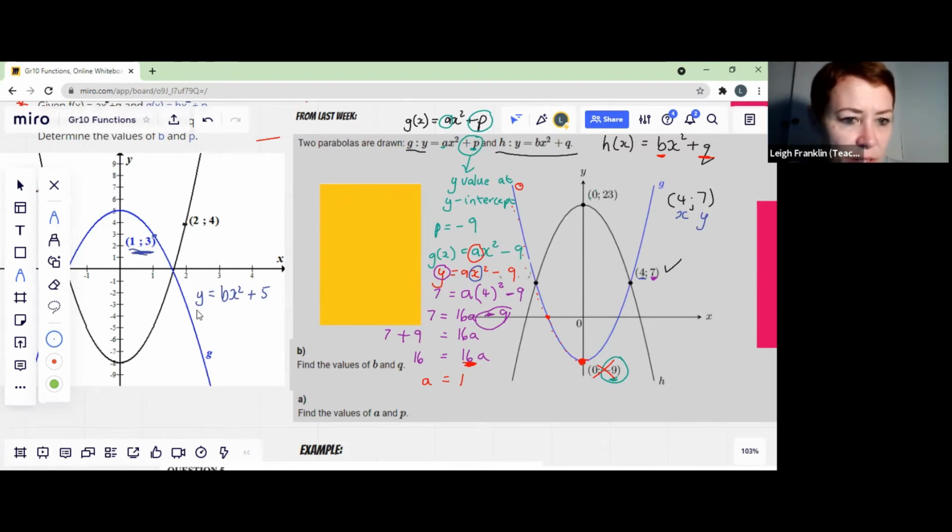So that means that we would have put the 3 as our y. And here, in terms of the x, we would have put 1 squared plus 5. Okay, so that means that we've got, which one is the red one, Marisa? Do you want me to move it over to the left-hand side?